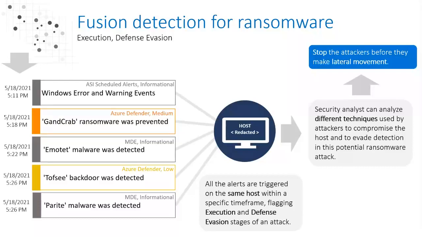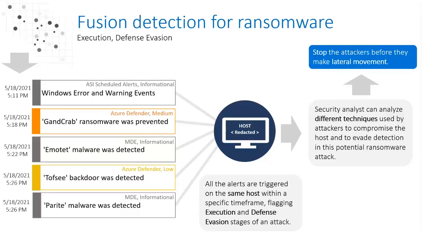This incident used the Grant Crab ransomware was prevented alert as a seed. And then the Fusion algorithm correlated suspicious activities on the same host to show you possible techniques used by the attackers to compromise the host.